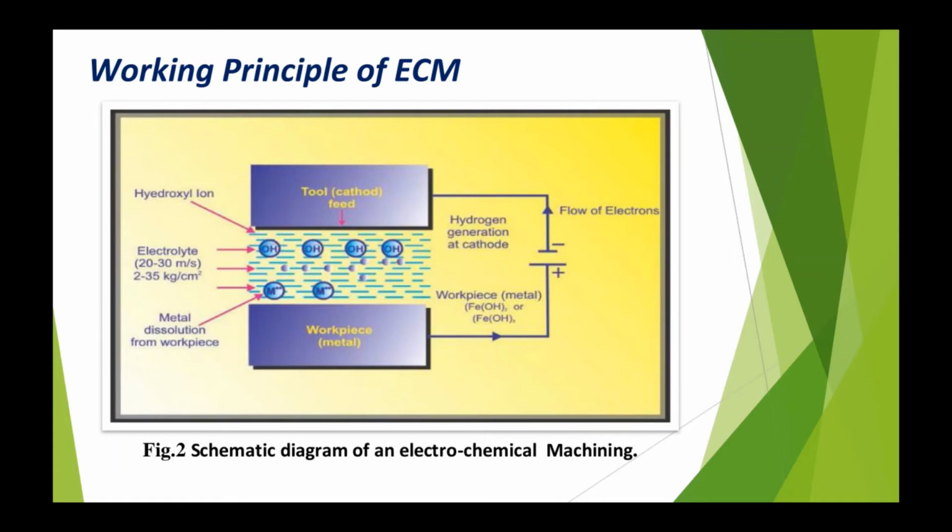So here in this figure I have shown that during electrochemical machining there will be a reaction occurring at the electrodes, that is at the anode or workpiece, and at the cathode or the tool, along with the electrolyte.